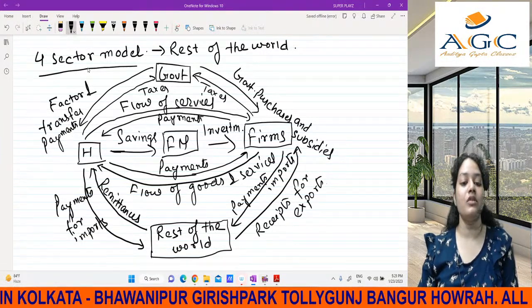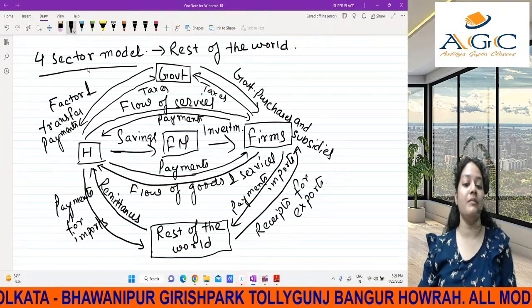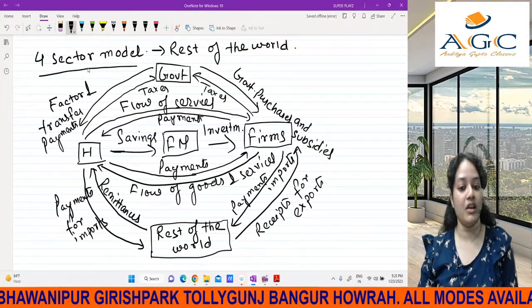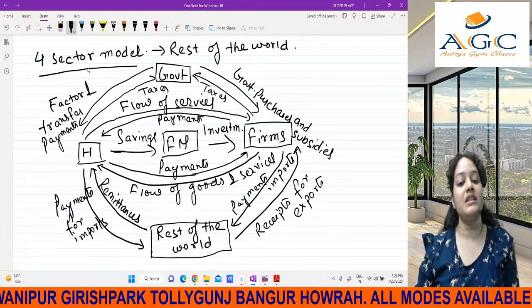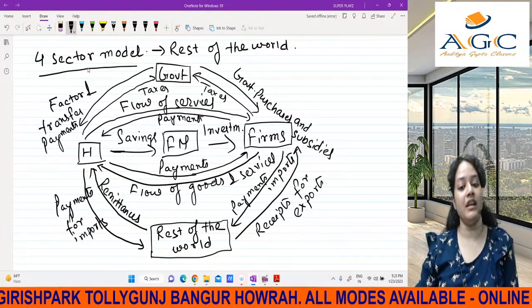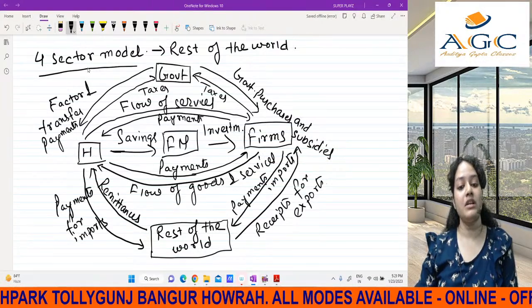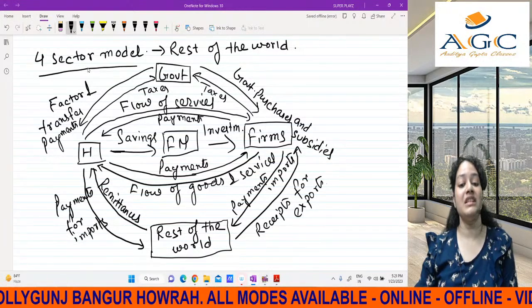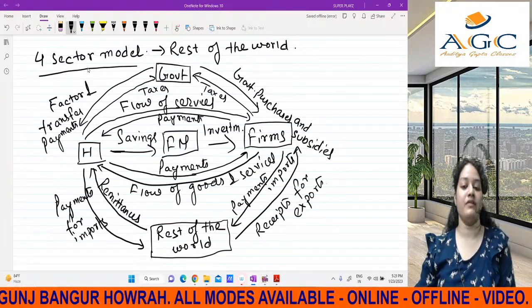So it is going out of the circular flow. So savings can be called a leakage. It is going out and is not benefiting the economy. But the same savings, if you are depositing it in a bank, from which the firms can take loans, then the firms are receiving the same money in the form of investment.